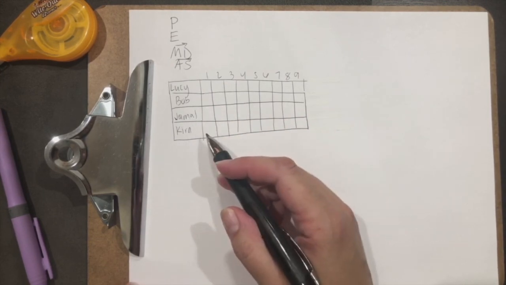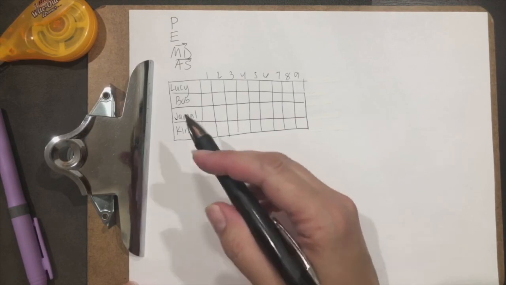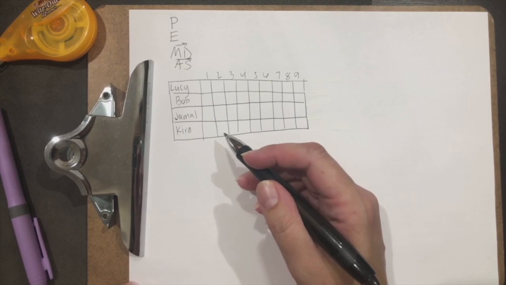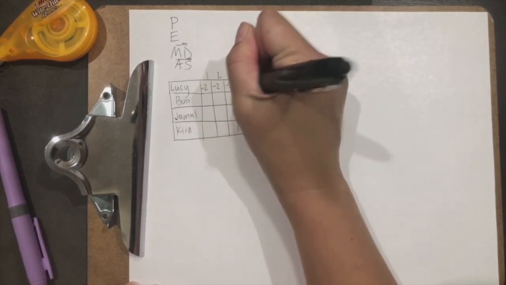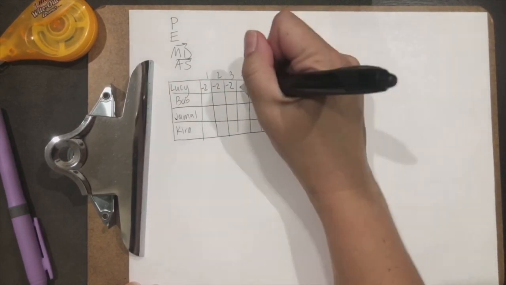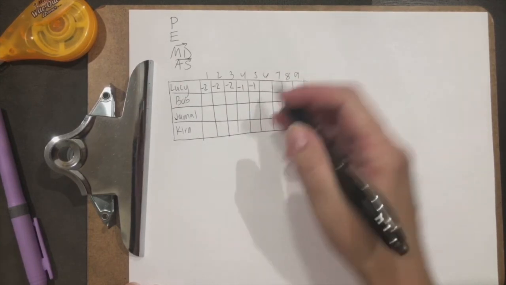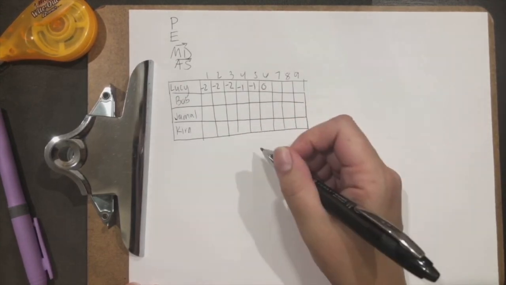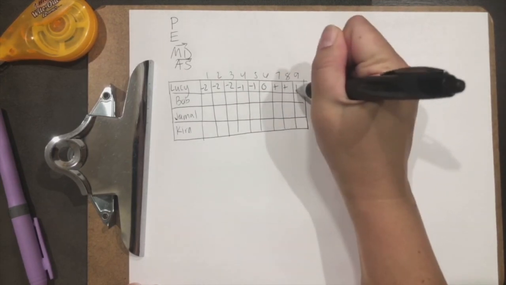So if we're going through Lucy's scorecard, it's going to look like this. If we do it in order of what it's telling us, 3 holes, she scored 2 below par: -2, -2, -2. On 2 holes, she scored 1 below par: -1, -1. On just 1 hole, she scored par. That's a 0. On another 3 holes, she scored 1 above par: +1, +1, +1.